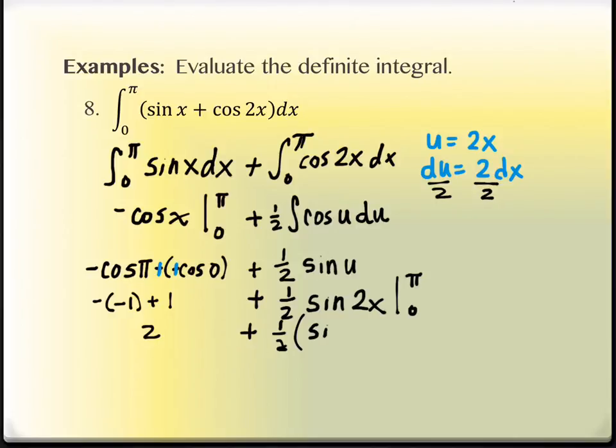So this is now sine of 2 pi minus sine of technically 2 times 0, which of course is just 0. So what is the sine of 2 pi? It's 0. What is the sine of 0? It's 0.